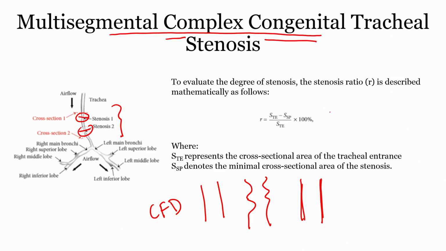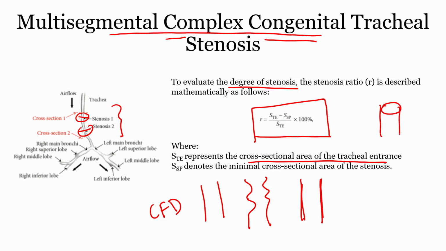We have already seen the Meyer-Cotton grading system. Here the degree of stenosis can be calculated as the ratio of the difference between the cross section area at the entrance, assuming the entrance is normal, and as we proceed there is a reduction in area.